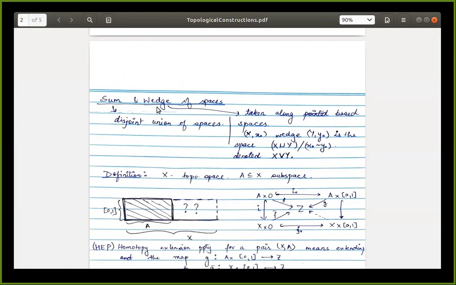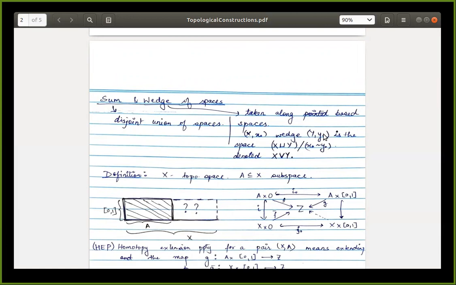So you take two based spaces (X, x_0), where x_0 is the special point for the space X, and (Y, y_0), where Y has a special point y_0. Then (X, x_0) wedge (Y, y_0) is the space obtained by taking the disjoint union of X and Y and identifying the point x_0 from X with y_0 from Y. Okay, so this is precisely what you would want to see.